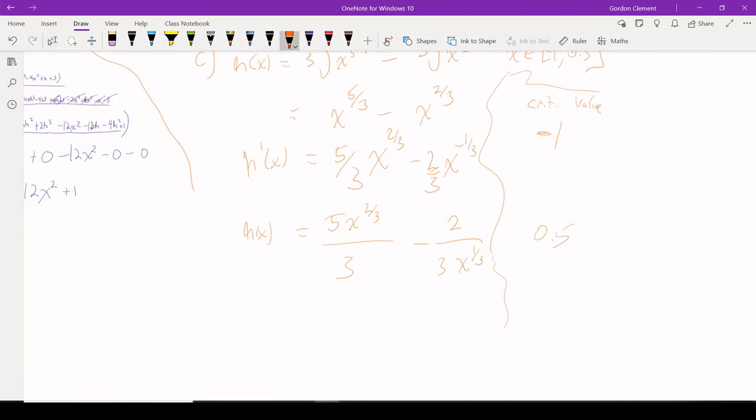And at this point, I'll pause. Do we get any more critical values here? Zero is one because it makes the derivative not exist. Because there is now an x in the denominator, x can't be 0 in the derivative. Does 0 exist on the original function?